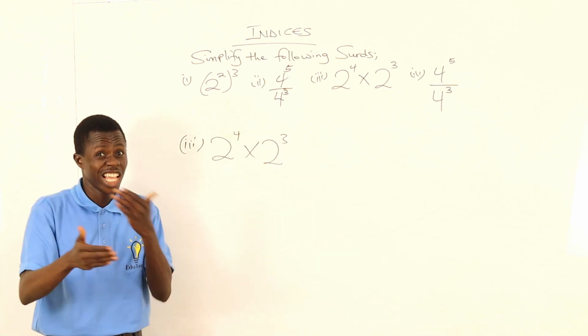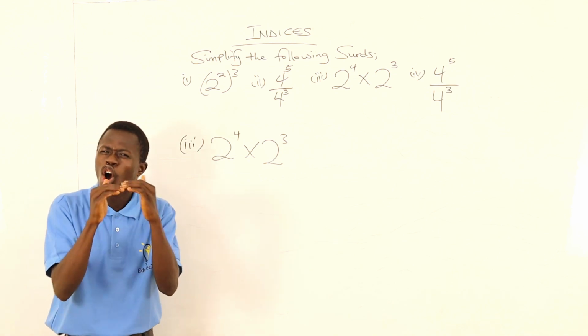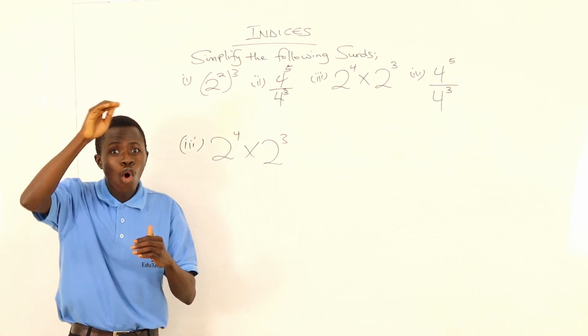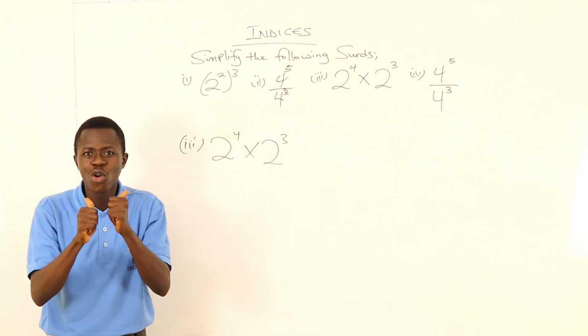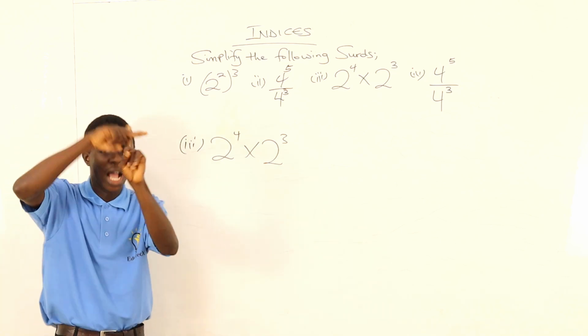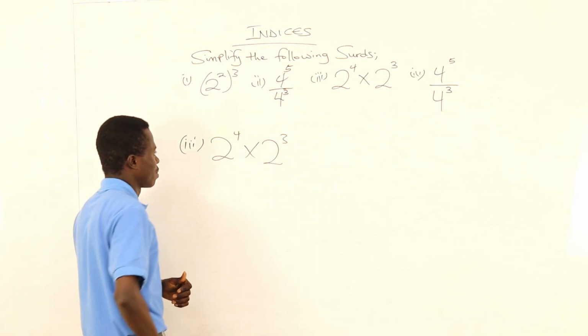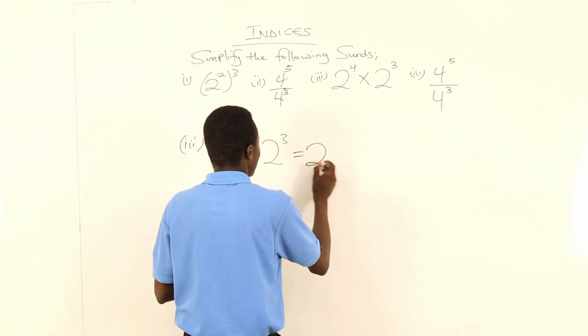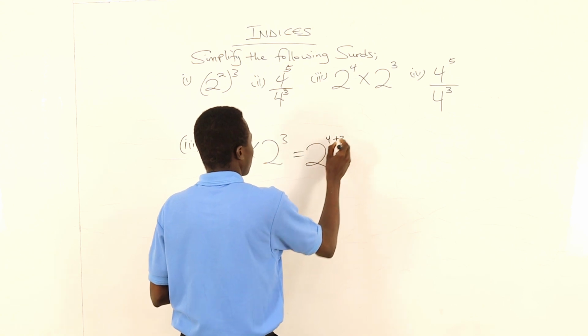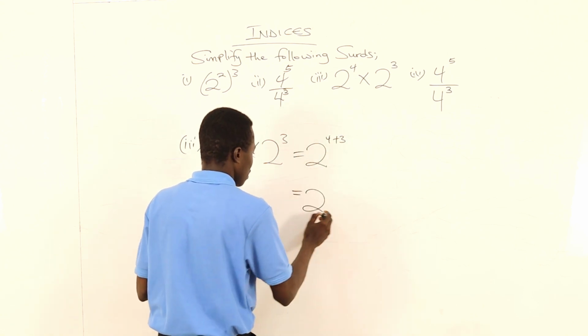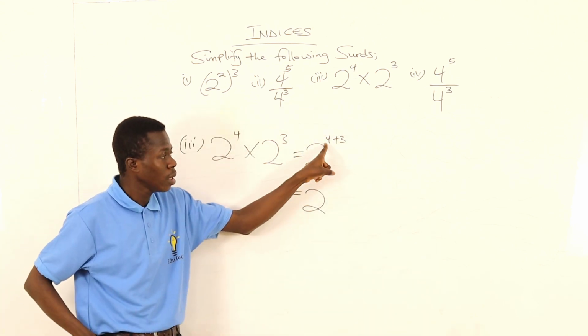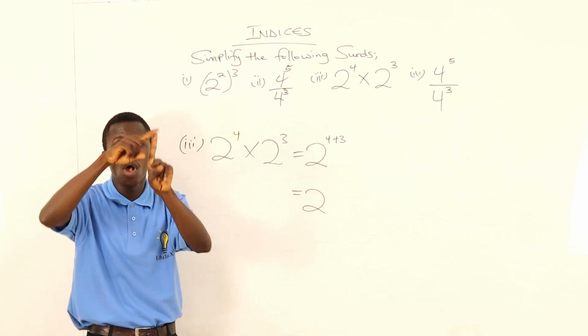2 raised to the power 4 multiplied by 2 raised to the power 3. And you know this one is law 1, right? So 2 raised to the power 4 multiplied by 2 raised to the power 3, you know that we are going to add. So we are going to keep our base, which is 2, and then add 4 to 3.